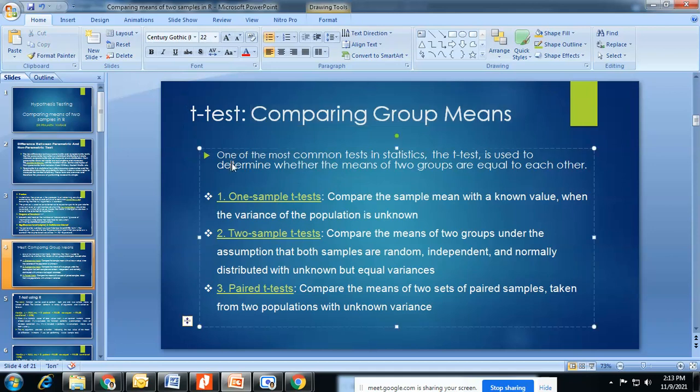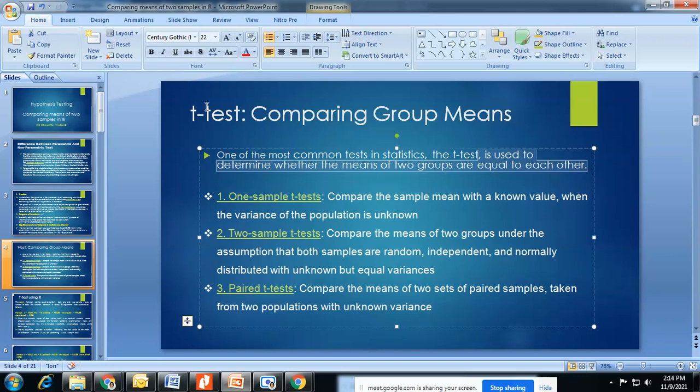It is one of the common tests used in statistics. What is the use of t test? It is used to determine whether the means of two groups are equal to each other or not, and that is why the t test is used.